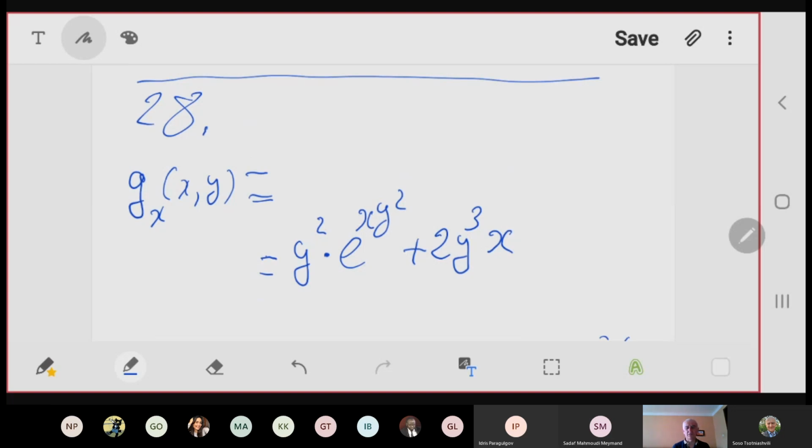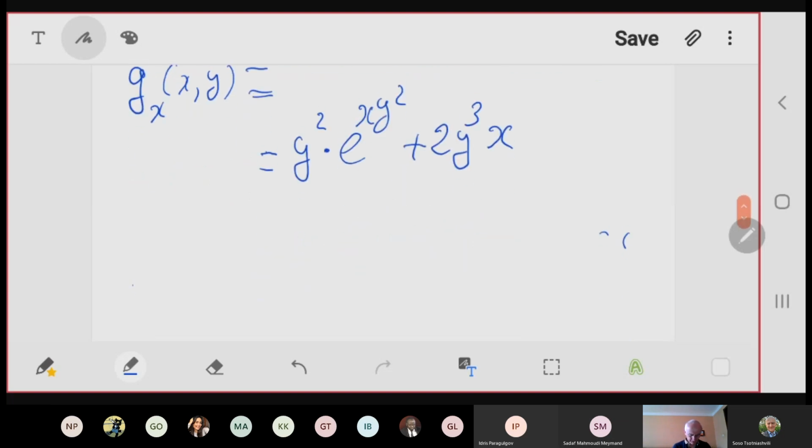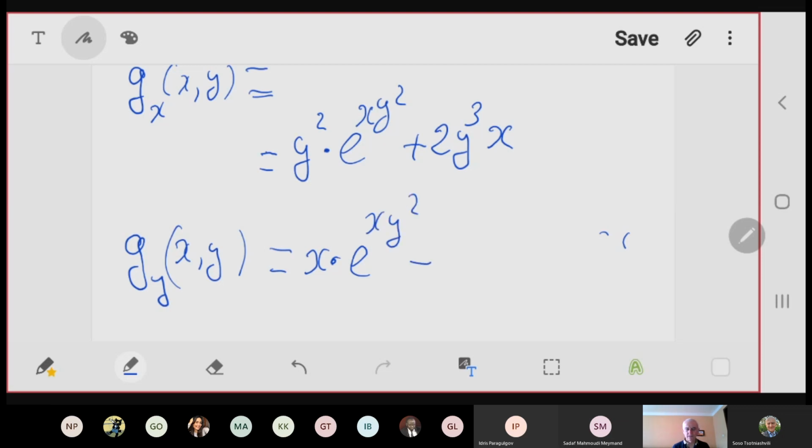It's the derivative with respect to y. In the first term we can use the same chain rule, and this derivative is going to be x times e to power x y square plus, what will be the derivative of the second?